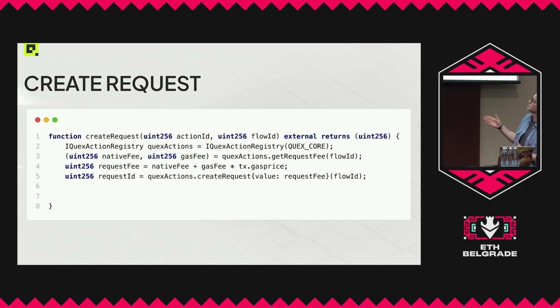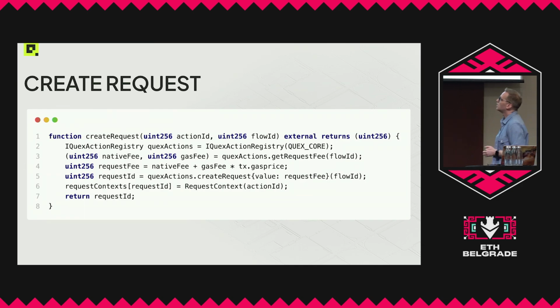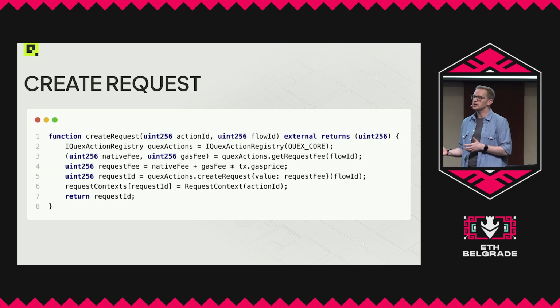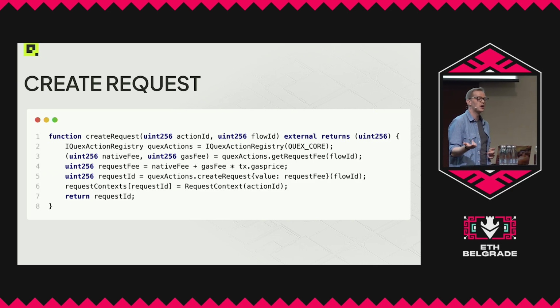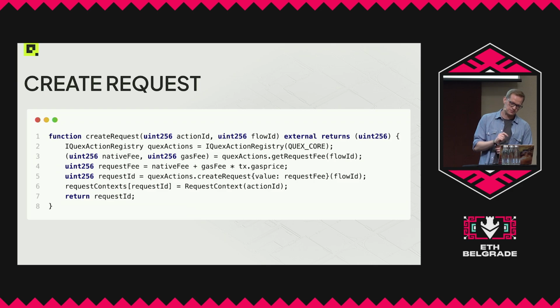We need to create a request, put a value for this, and provide that we need to create a request with a particular flow ID. We also need to store some context of this request to be able to continue the process of solving our problem.